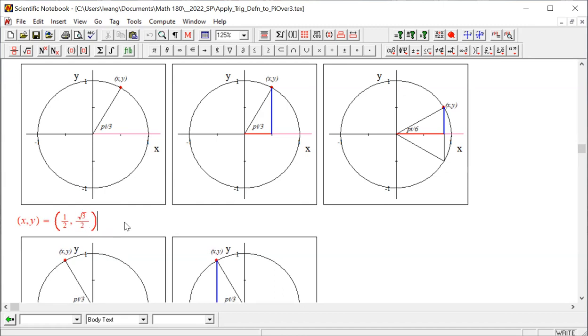As a result, by definition, sine of any angle that terminates on this terminal is going to be equal to y, which is √3 over 2. And cosine would be half.